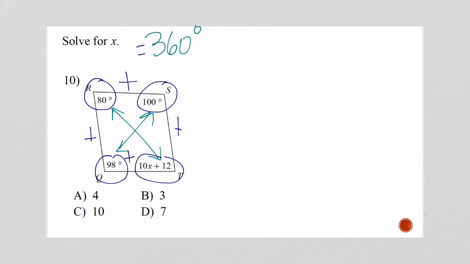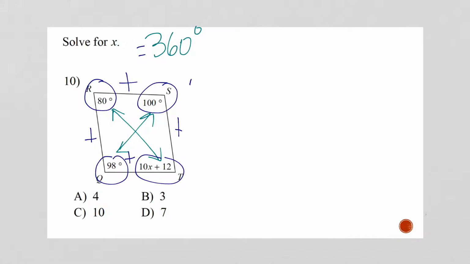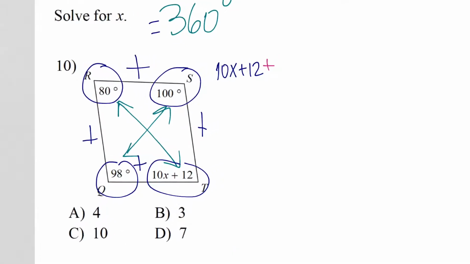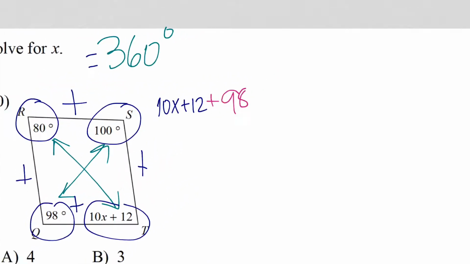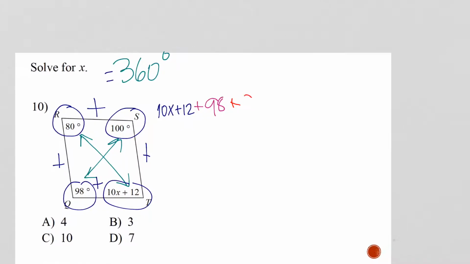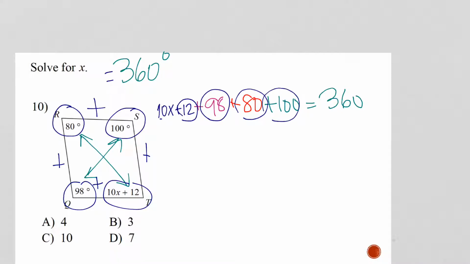So I'm going to start with angle T. Angle T is 10x plus 12, plus angle Q, I'm going to go clockwise starting at T, plus angle R plus angle S. And together these four angles add up to 360. So I'm going to combine like terms, 12, 98, 80, and 100.